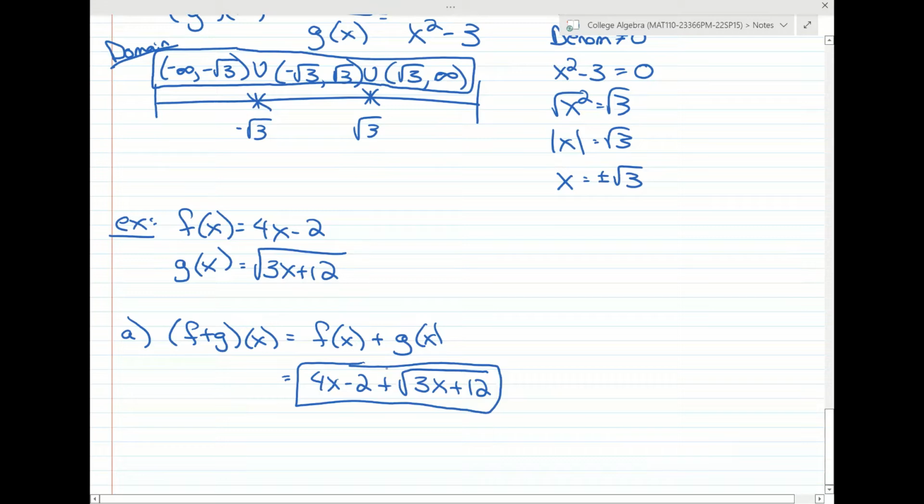Now we have to figure out the domain. But before, we're looking for two things for domain restrictions. One thing is, do you have a denominator? No. But we do have a radical. We talked about if there's a radical in the problem, you make the inside greater than or equal to 0.